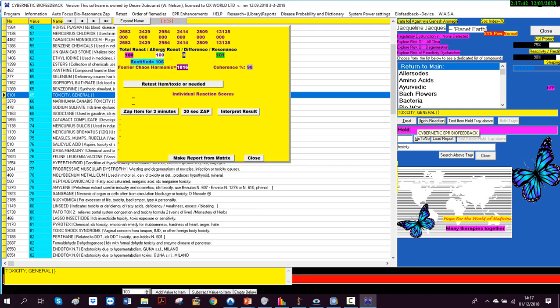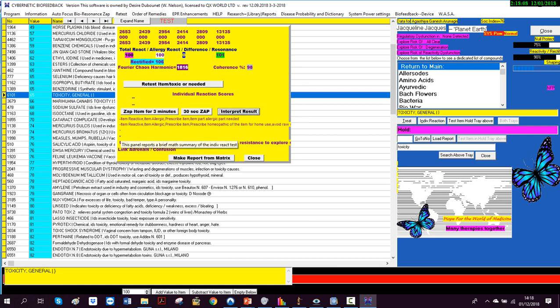What it says here is that the higher the resonance is, the more significant it is for my client. Then I can interpret the result, and it says that I should look more at the adrenals, and there is some resistance to change in that person. Then I should look at the emotion confusion.